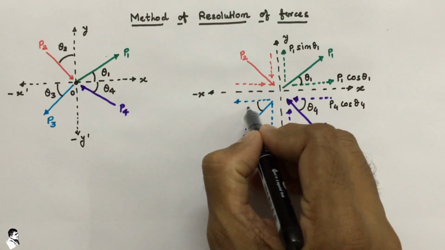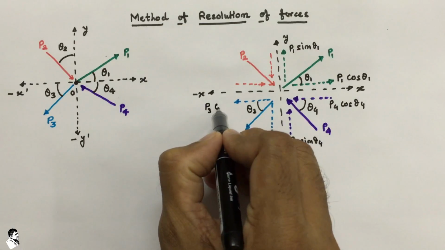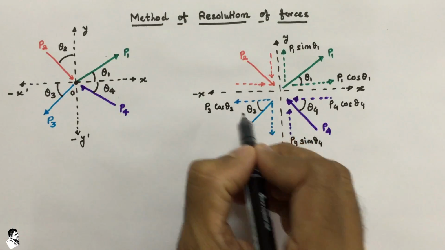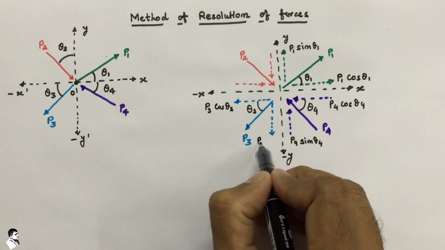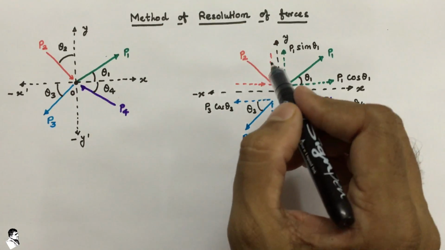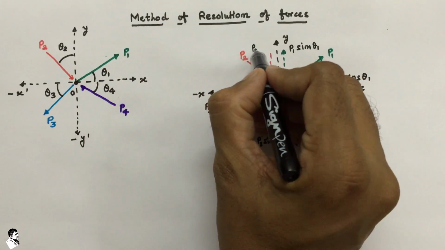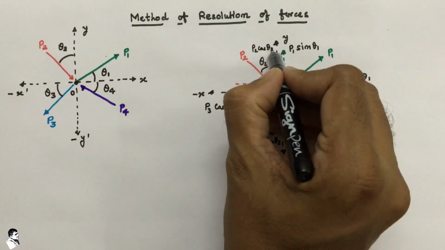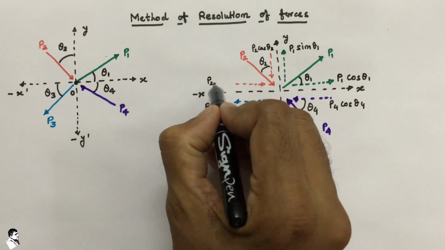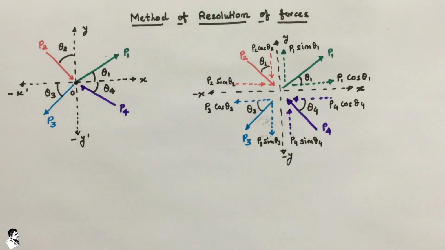Here the angle is theta 3, so it is P3 cos theta 3, and here P3 sin theta 3. Here the angle is theta 2, so P2 cos theta 2 and P2 sin theta 2. These are the resolved parts of the given forces.